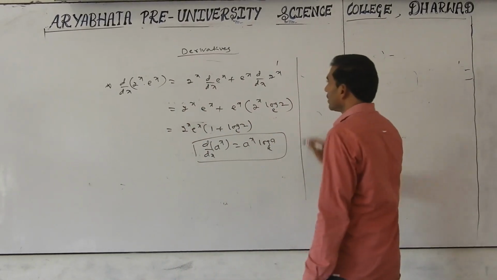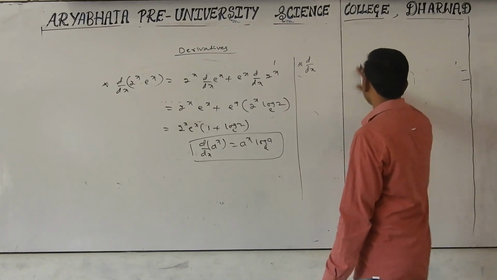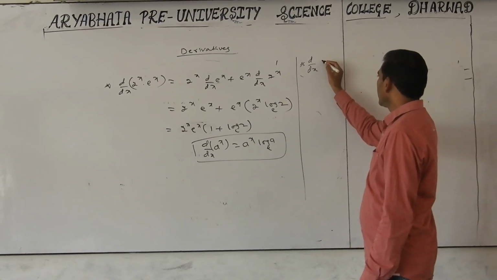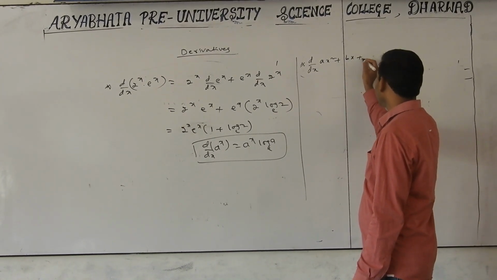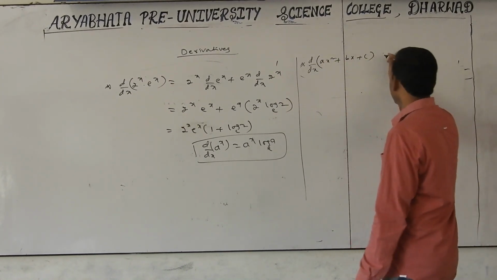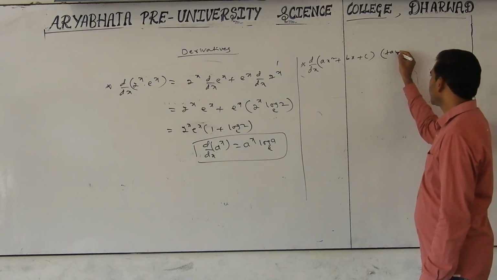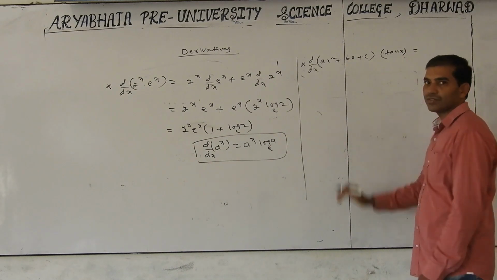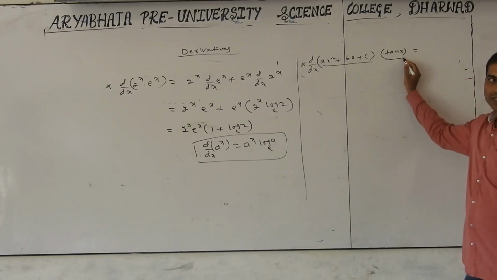Next, d by dx of (ax square plus bx plus c) into tan x. This is considered as u, this is considered as v.